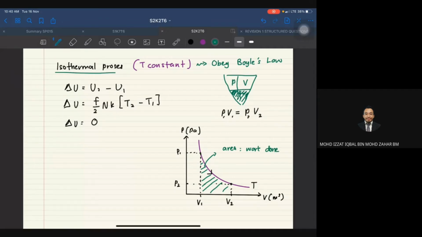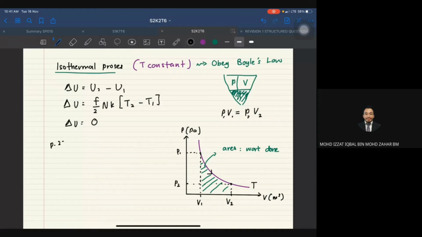So kalau curve macam ni and you want to find the area, basically you have to do the integration. Dia ada derivation. I think the derivation of the formula is in page 25, if I'm not mistaken. Let me check. Page 25 of your lecture notes. Yes. So you can always refer to page 25 for derivation.